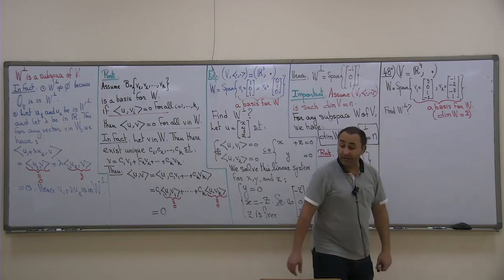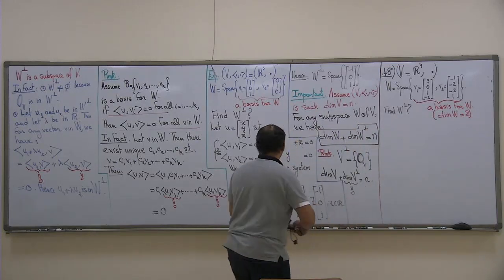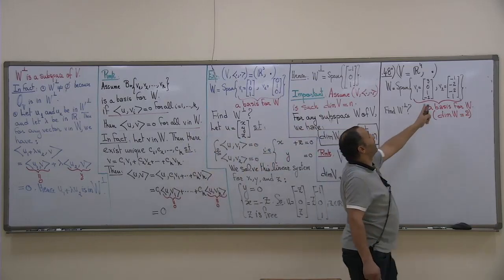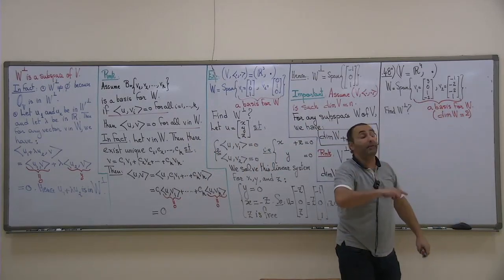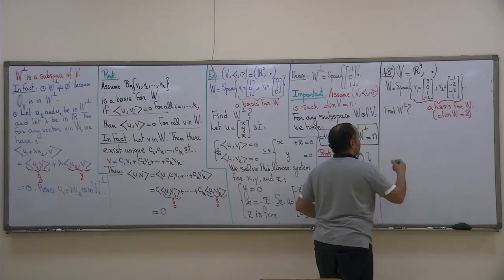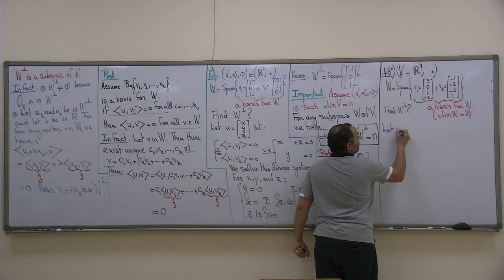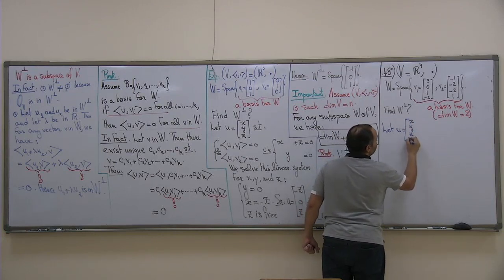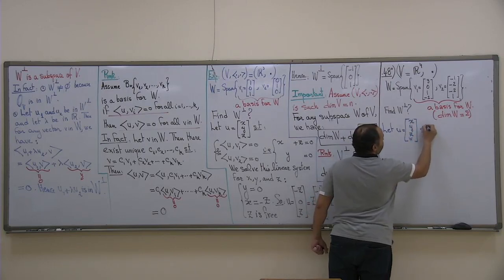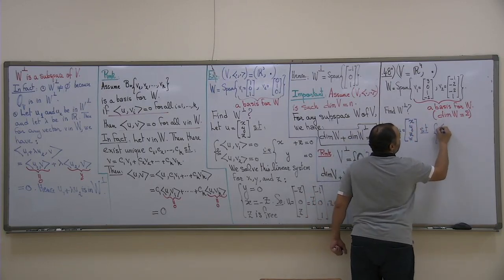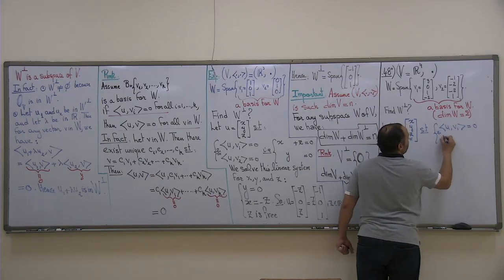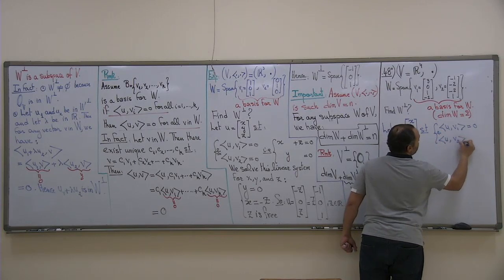So now how to find the W orthogonal? Well, again, I'm going to pick a random vector in R4 and characterize those vectors that are orthogonal to both V1 and V2 at the same time. So I'm going to say let u is equal to (x, y, z, w) such that u·V1 is equal to 0 and u·V2 is equal to 0.